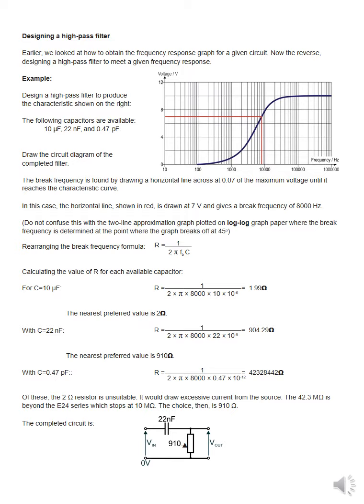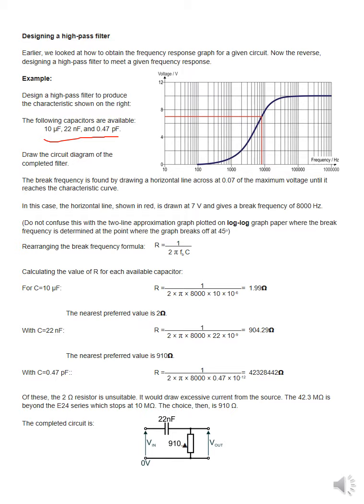If we plot it, then ideally it should be of this waveform. I explained what these on the x-axis and the y-axis mean. So you have to use these values and try designing a high pass filter.